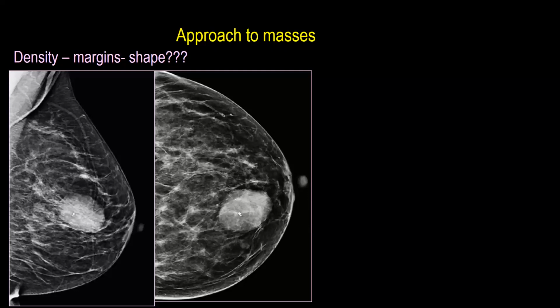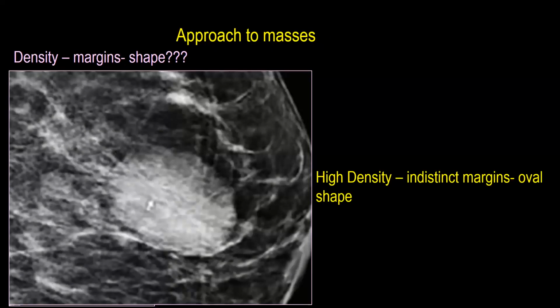Is it partially obscured or circumscribed? Partially it is obscured. It is indistinct. Look at it here. Even if you look where there is fat, it is not as sharp as circumscribed. You see, it is indistinct. It is oval, high density, and it was a case of cancer.